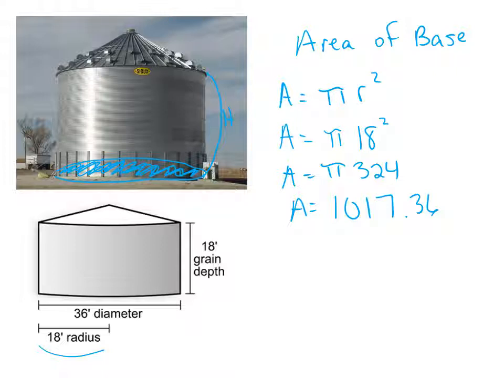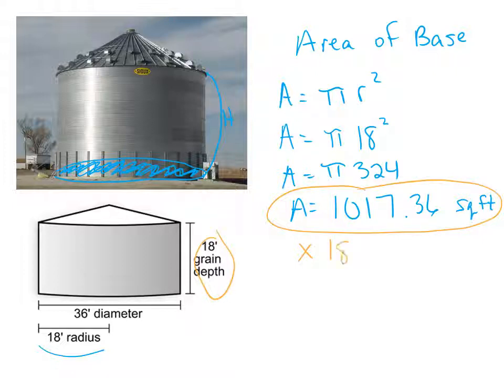So that's how much grain is covering, these are feet, I guess, square feet right now. That's how much grain is covering the floor of the bin. Then I want to take that measurement and multiply times the height, which is 18, because volume is the area of the base times the height.